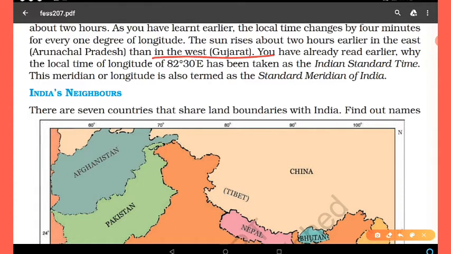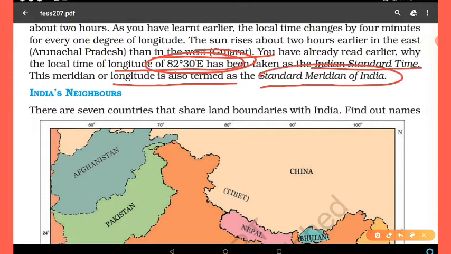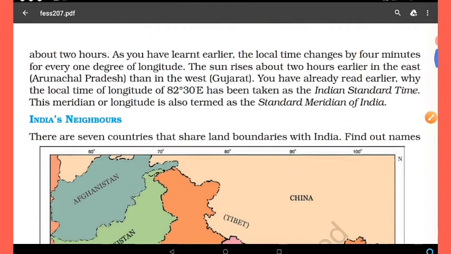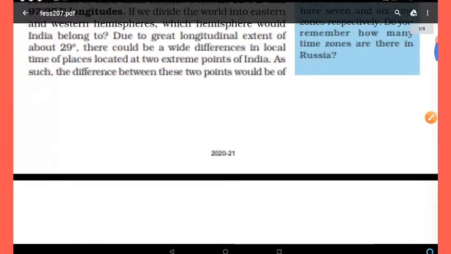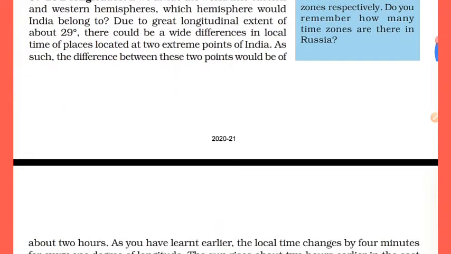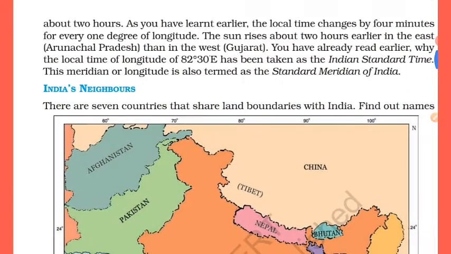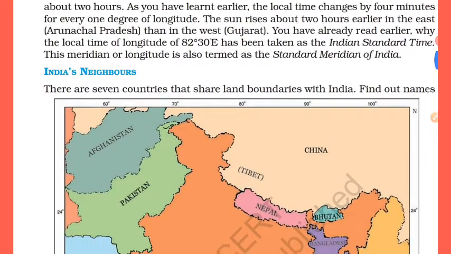You have already read why the local time of longitude 82 degrees 30 minutes east has been taken as the Indian Standard Time. We have discussed this in the 6th class. This meridian or longitude is also termed the standard meridian of India because it divides India into 2 equal parts. So it is considered the Indian standard meridian. Clear?